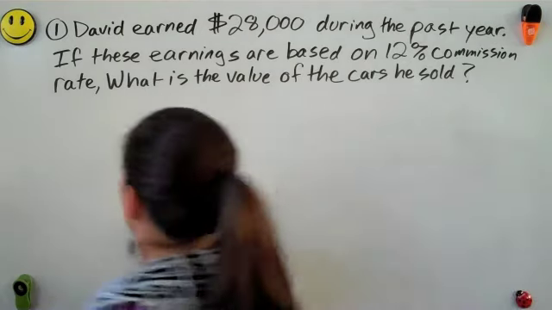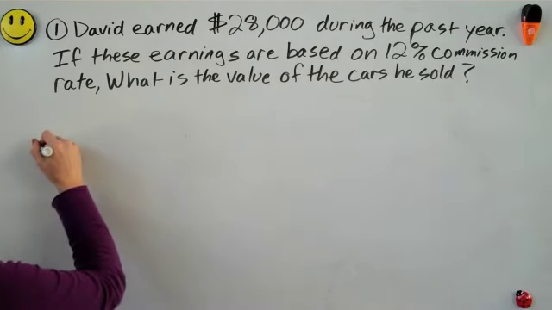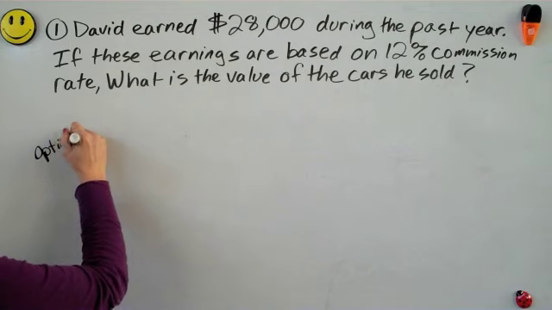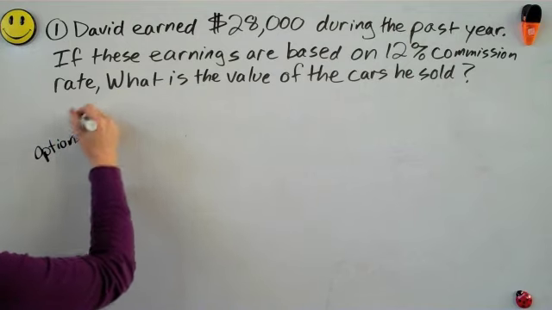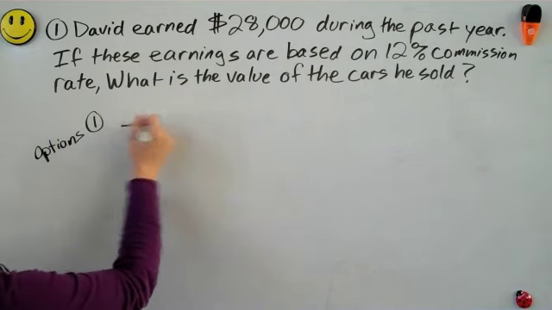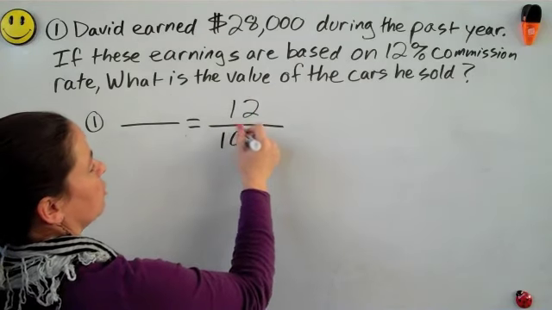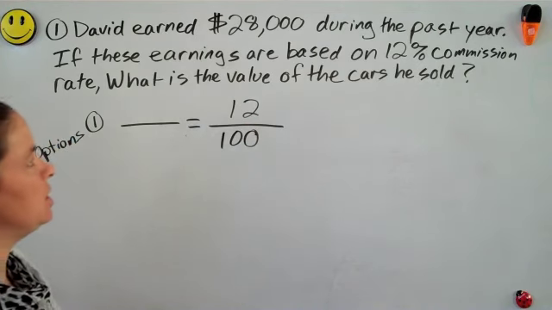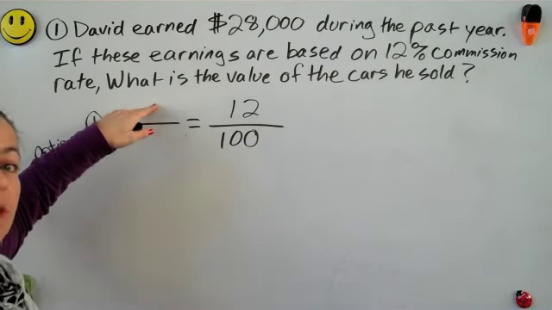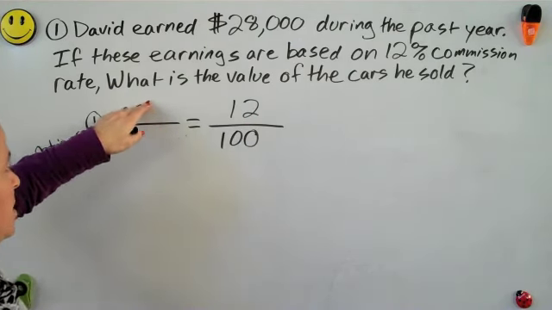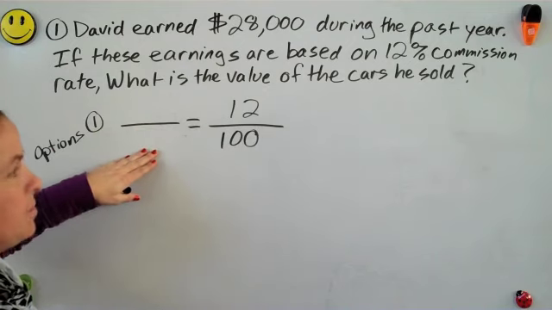Option one, a proportion. In a proportion I'm going to put the percent, which is 12 over 100. The question is, is the 28,000 the percent, or is it out of the 100?